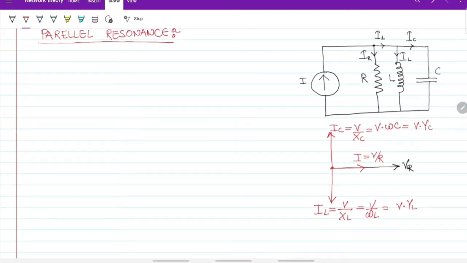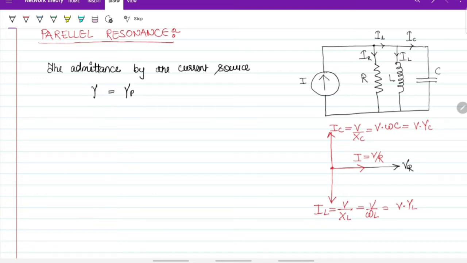Now with the help of this phasor diagram, we can write the admittance. Y is YR plus YL plus YC.